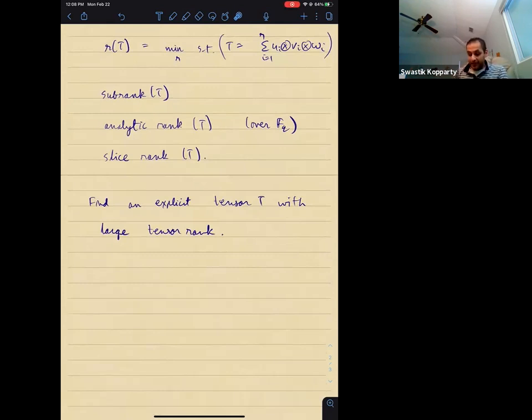And even far from that is already the following open question: to find an explicit tensor with tensor rank little omega of n.